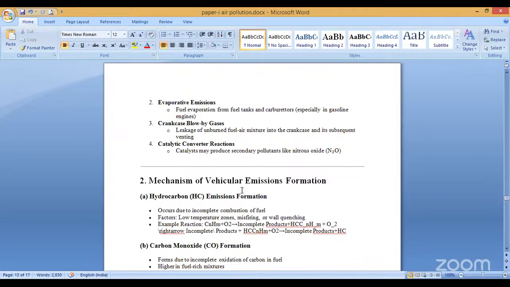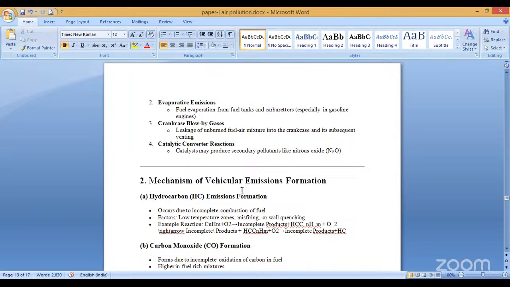Evaporative emissions: fuel evaporation from the fuel tanks and carburetors, especially in gasoline engines. Crankcase blow-by gases: leakage of unburned fuel-air mixture into the crankcase, and its subsequent venting. Catalytic converter reactions may produce secondary pollutants like nitrous oxide. Here we noticed one thing: nitrous oxide is a secondary pollutant.